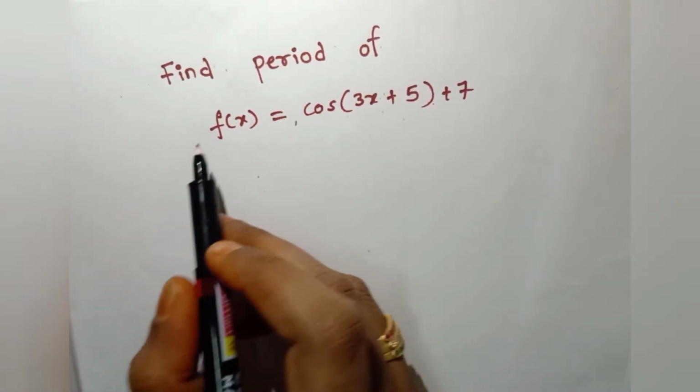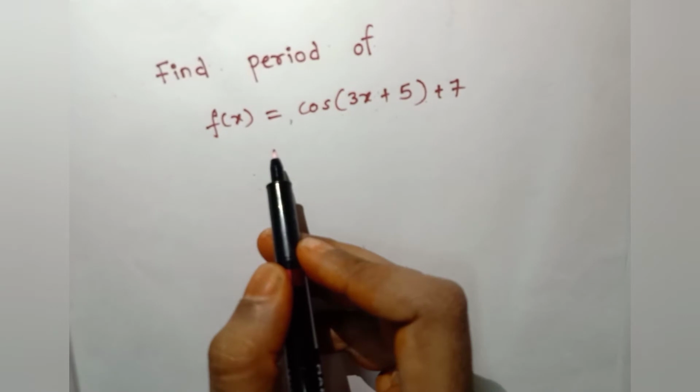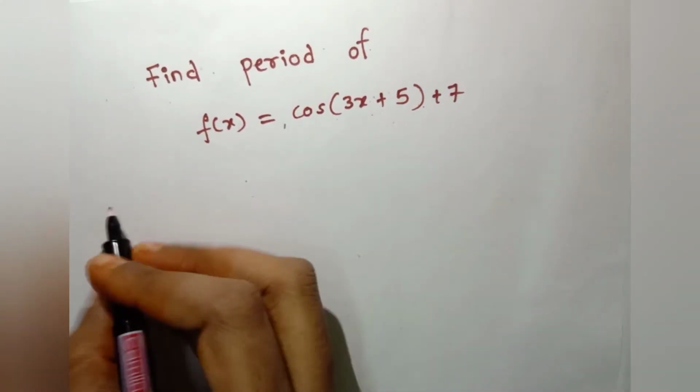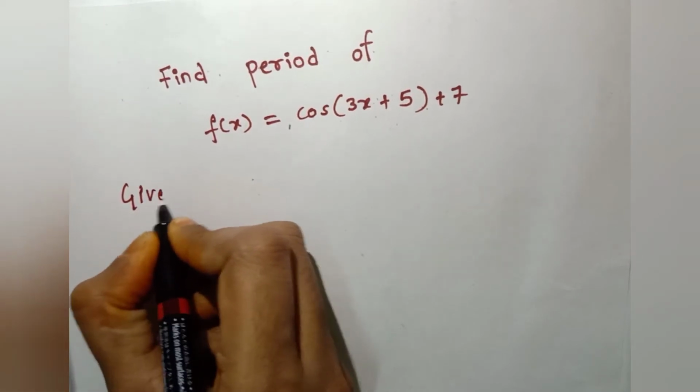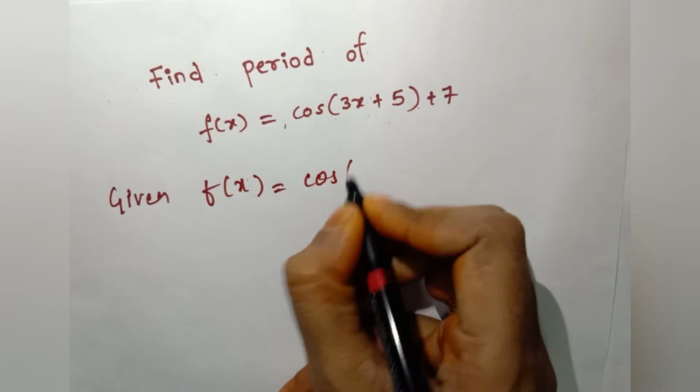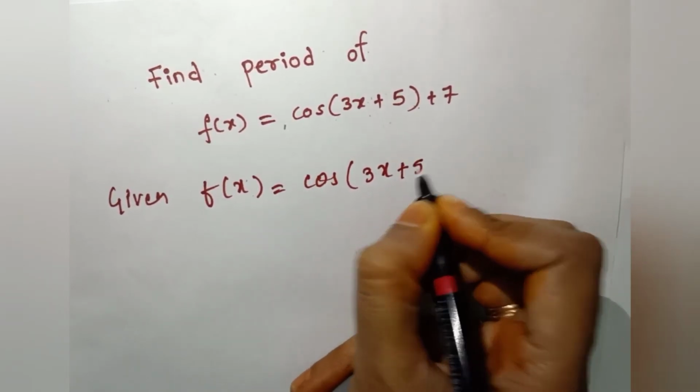Next question. Find the period of f(x) = cos(3x+5)+7. Given f(x) = cos(3x+5)+7.